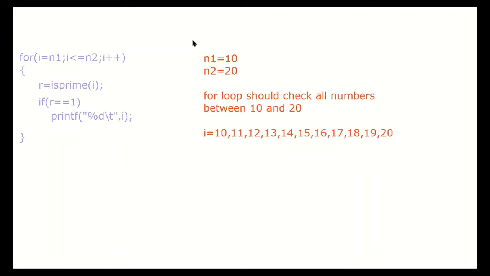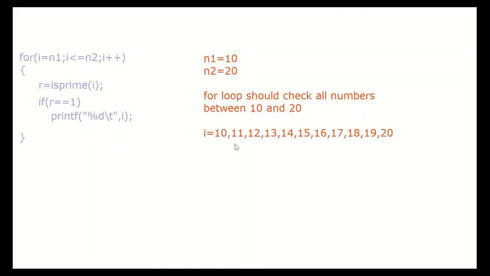It will return either true or false. 10 is not a prime number, right? It divides many times if you start from 1 to 10. So it is not a prime number. You can't display that. If r is equal to 1, then only display. Return value should be 1. Here the return value will be 0.